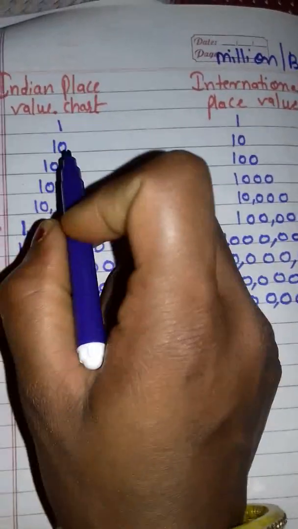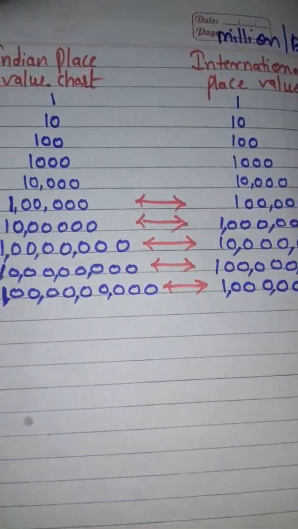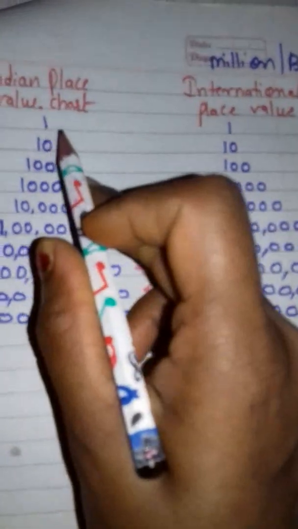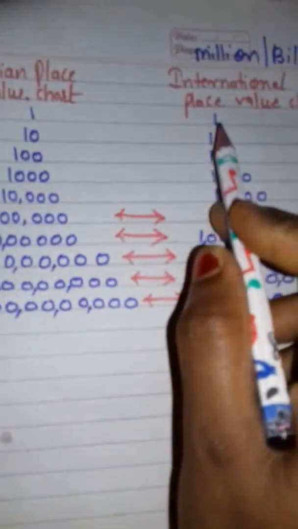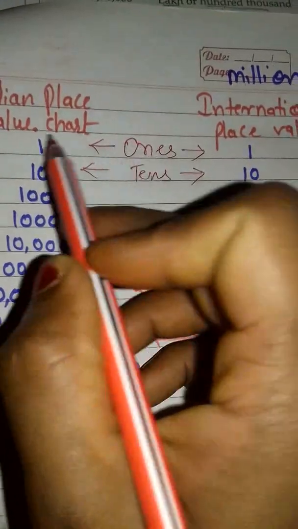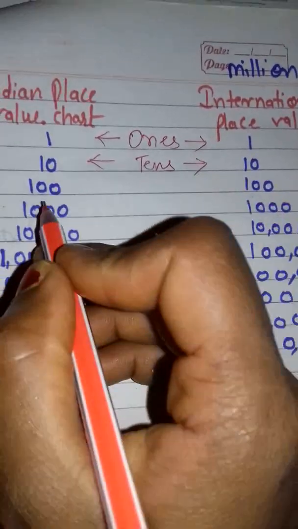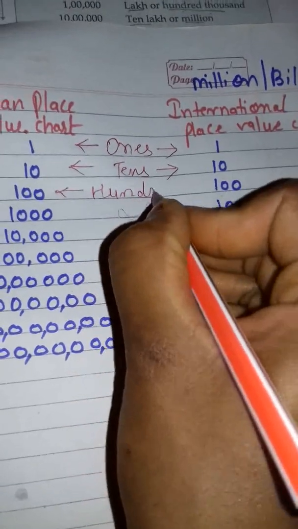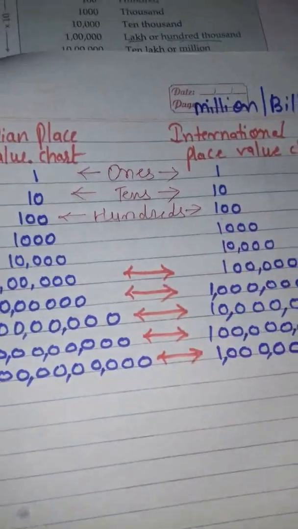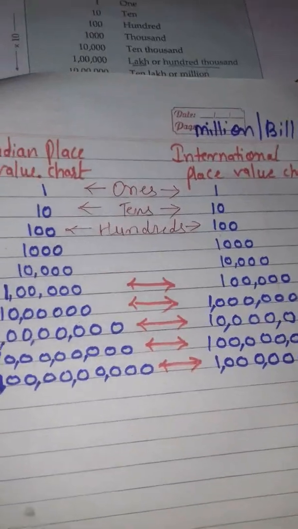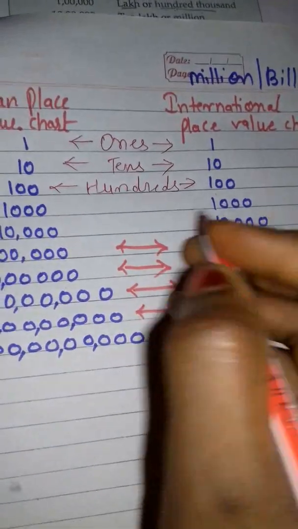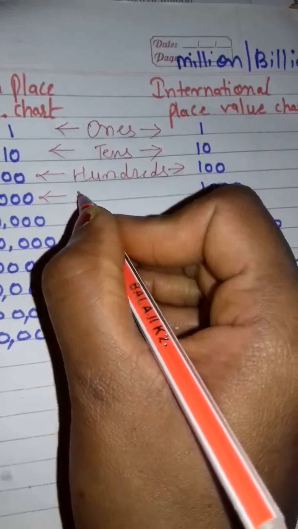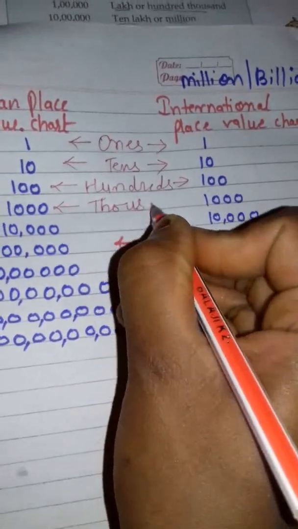So what the similarities in both the place value charts we can see here. Now you can see the place value of the given digits, it is ones, both the sides ones are same, then tens are same, this we will say ones, tens. Now both these are hundreds, right? Then 1000, both the sides is 1000.